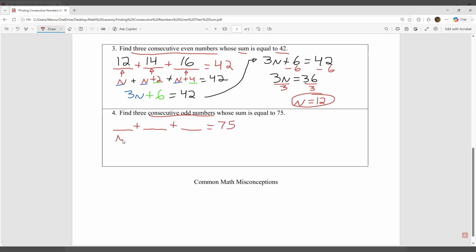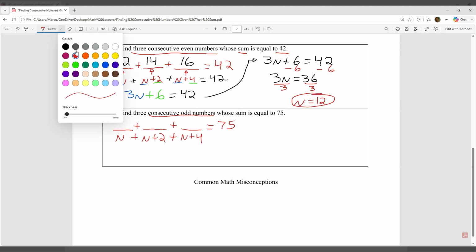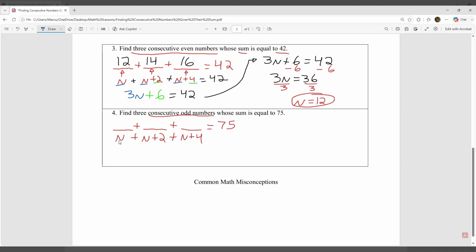So you have n, and then n plus 2 again, because you're counting by twos. And then finally n plus 4. Once you have that, you want to combine like terms, add all the n's together. So 1, 2, 3, that's 3n.